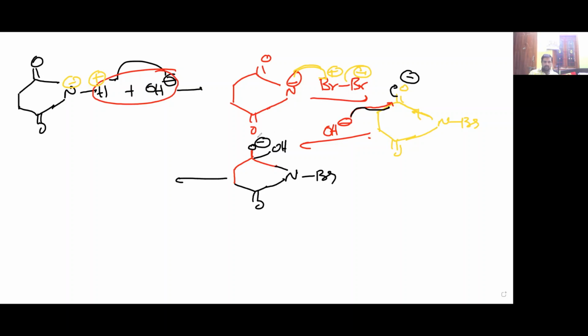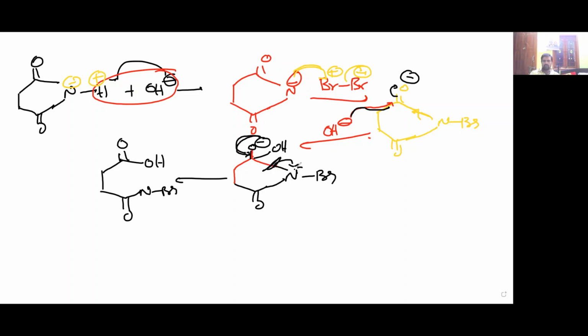This is unstable. So the negative charge is shifted like this. Then bond breaking like this. Then you are going to get, here again the double bond is replaced. C double bond O. Here the bond is breaking. Here the negative charge is shifted like this, means here a double bond is forming. Then C double bond O, OH, and another side C double bond O, NBr. This is our product.